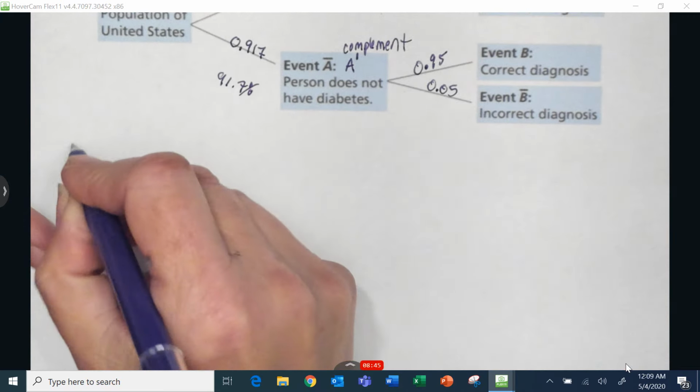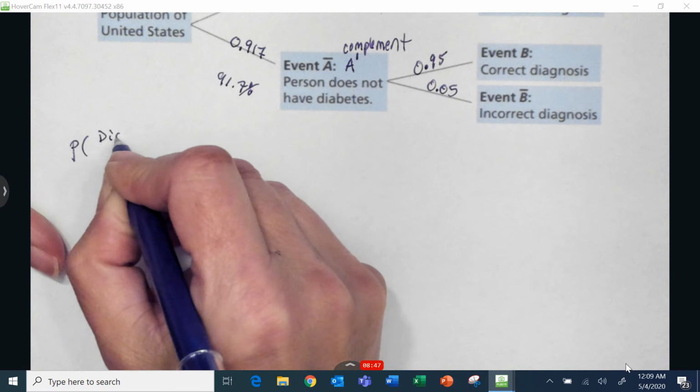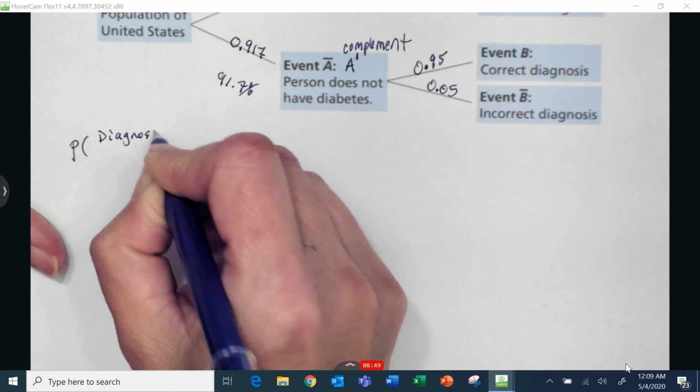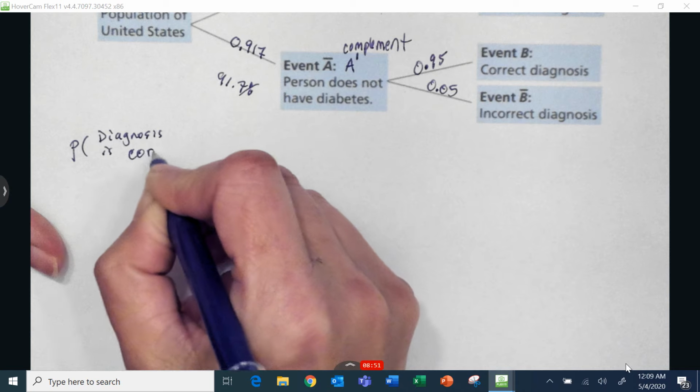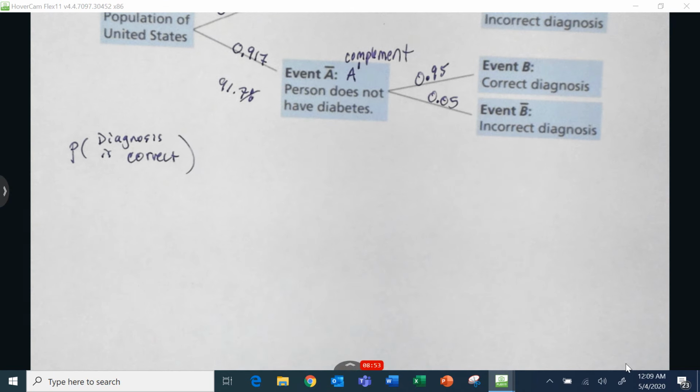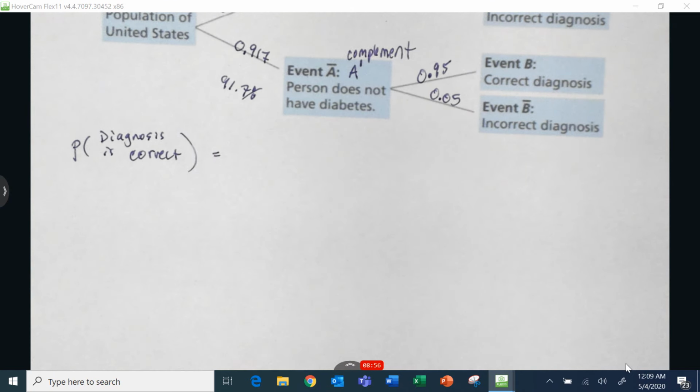So I'm going to talk about the probability that the diagnosis is correct. That's what we're trying to find. Probability that the diagnosis is correct.